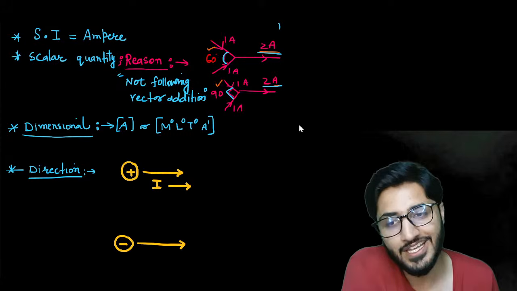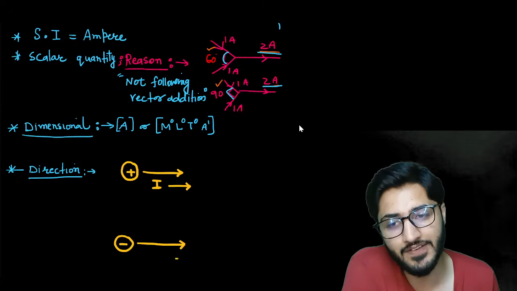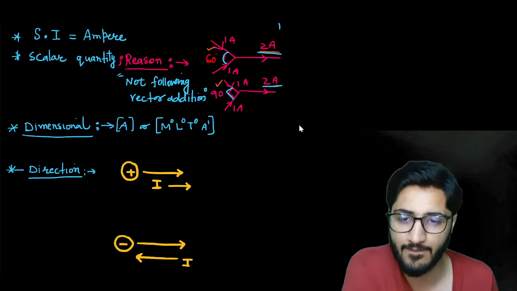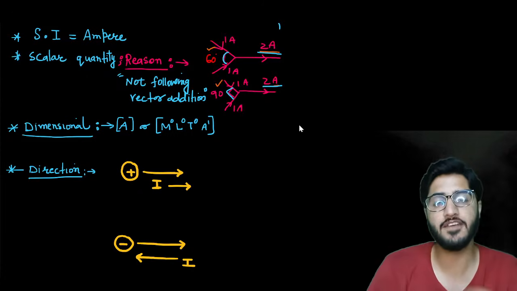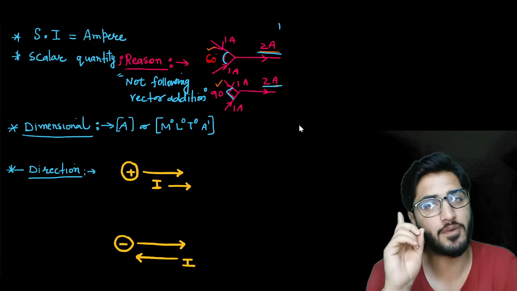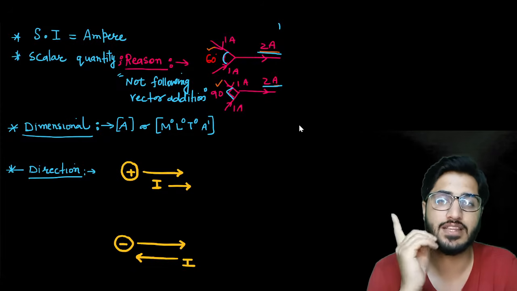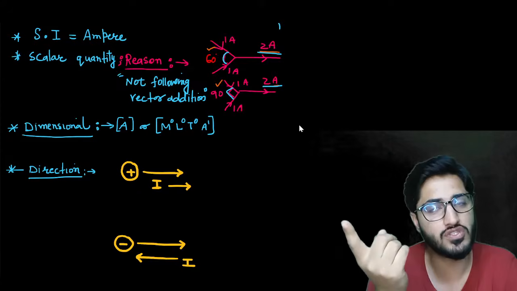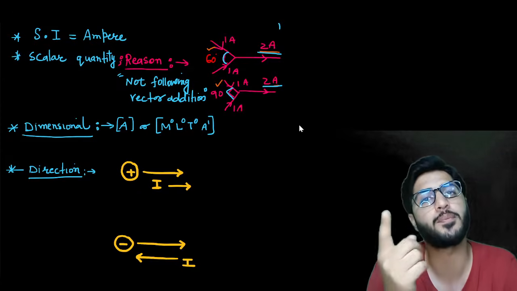But in case of negative, the current will be opposite to the flow of charge. Got it? If positive charge is going from left to right, the current caused by the positive charge is also from left to right.